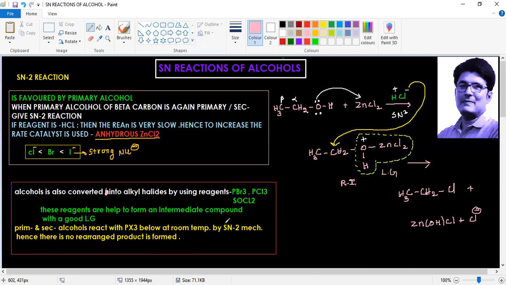Hence అందుకే ఏమవుతుంది బేటా, అక్కడ రీఅరేంజ్మెంట్ ప్రొడక్ట్ అన్నది ఫామ్ కాదు. దేర్ ఆర్ నో రీఅరేంజ్డ్ ప్రొడక్ట్స్. ఓకే, వెరీ ఇంపార్టెంట్ పాయింట్ దిస్ వన్. క్లియర్? ఓకేనా? చలో.